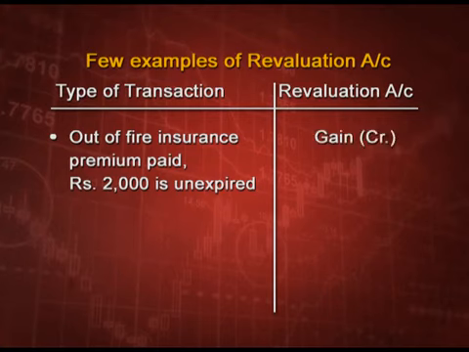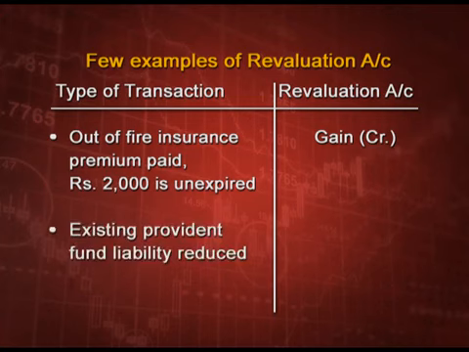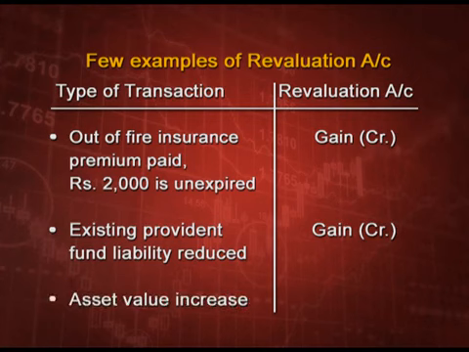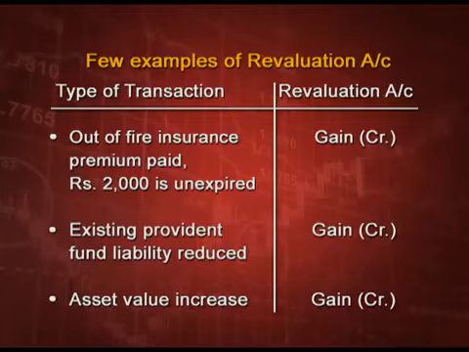Now it's a gain. It will be credited. Similarly, if an existing provident fund liability is reduced, provident fund liability is a liability. It is getting reduced. So it is our income, that is gain, which will be credited. And if the asset value is increasing, it's again a gain for us and it will be credited.